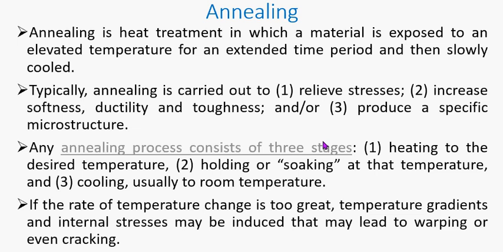Any annealing process consists of three stages which I have said earlier: heating to a desired temperature, holding or soaking at that temperature, and finally cooling. It must also be reckoned that too high a change in temperature should be avoided, because that can cause cracking within the material.